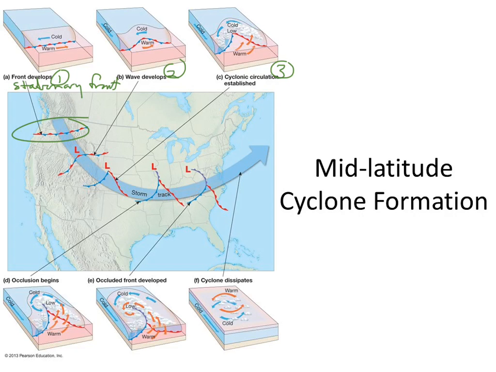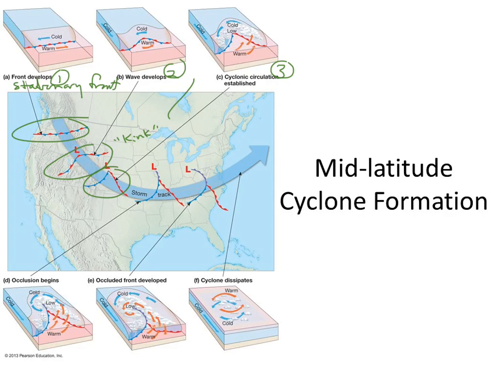Then a wave develops. Sometimes I've heard that called a kink, just a little kink. With that kink, it breaks out into its two fronts, a mustache thing going on. Still not a mature mid-latitude cyclone, though, because it doesn't have the occluded front.